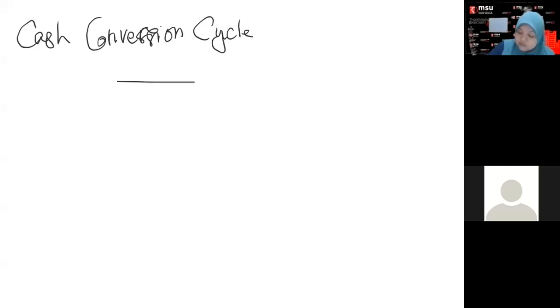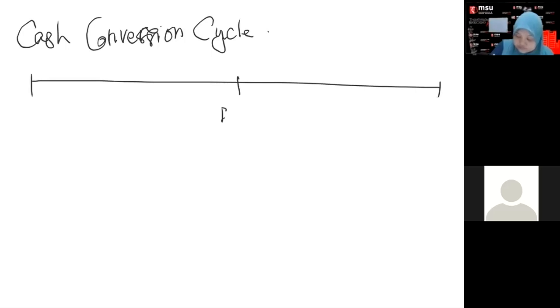So it starts with inventory turnover, the duration for inventory turnover. Actually, we want to see how long it takes for the company to sell all the inventory from the stock.